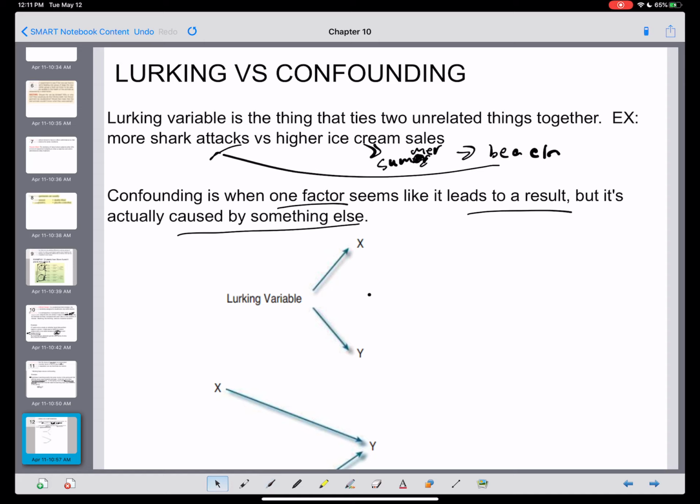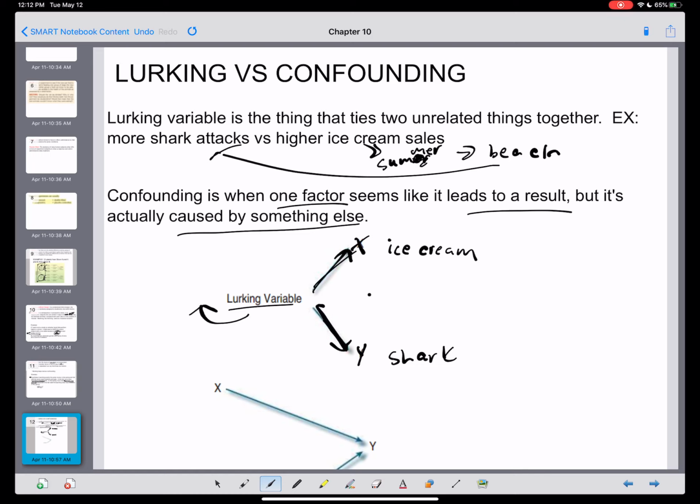Okay, so here's a picture of a lurking variable. You have two things, X and Y, and X and Y are tied together by this one thing. In my example, X would be ice cream sales and Y would be shark attacks. Shark attacks and ice cream sales are linked together, but what links them?